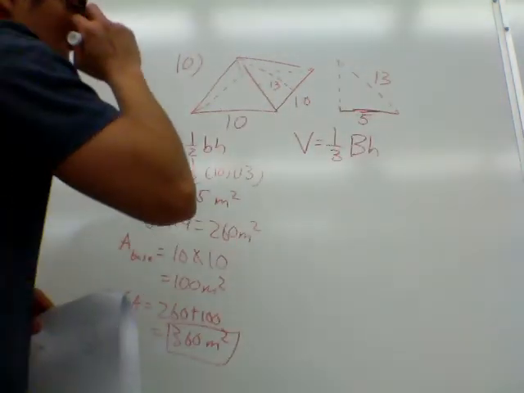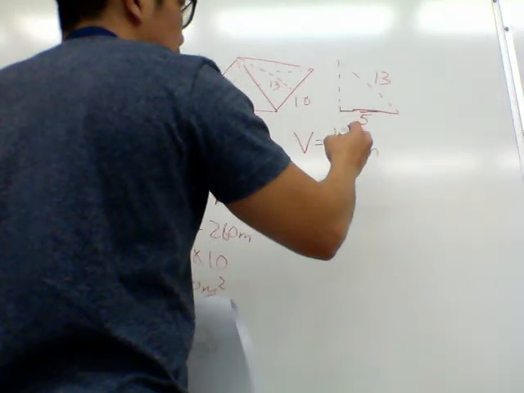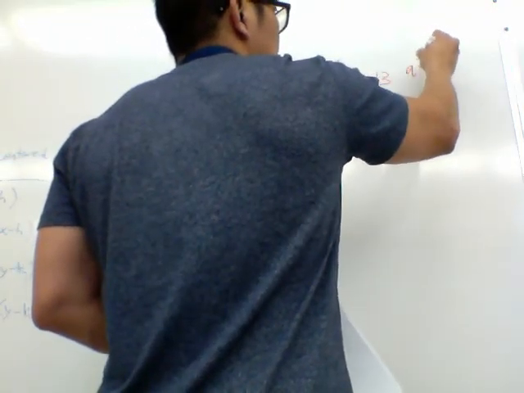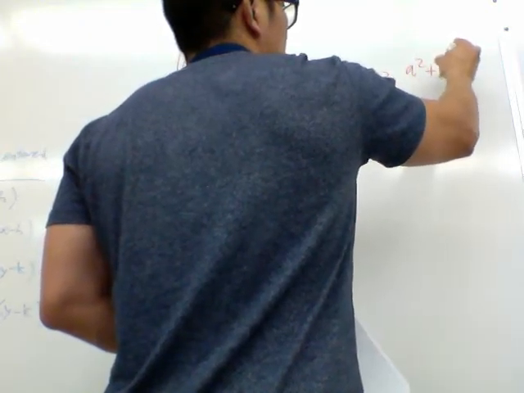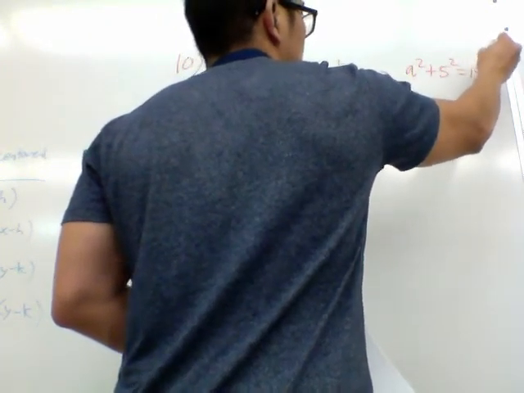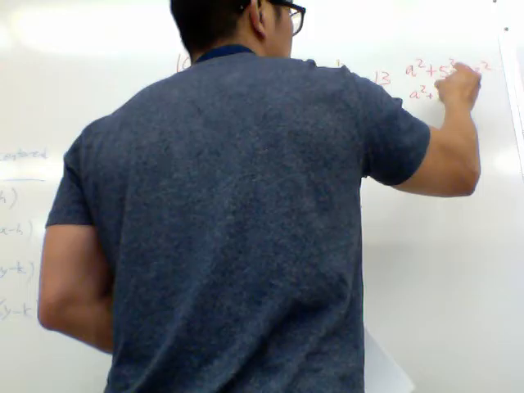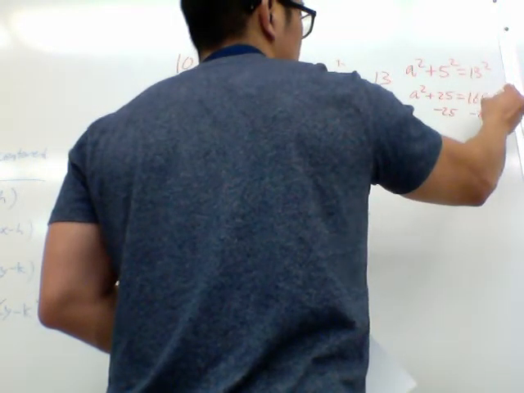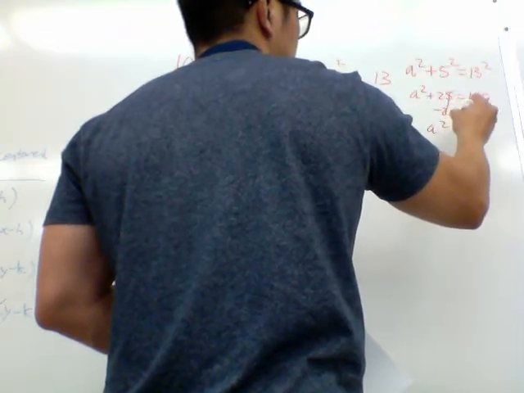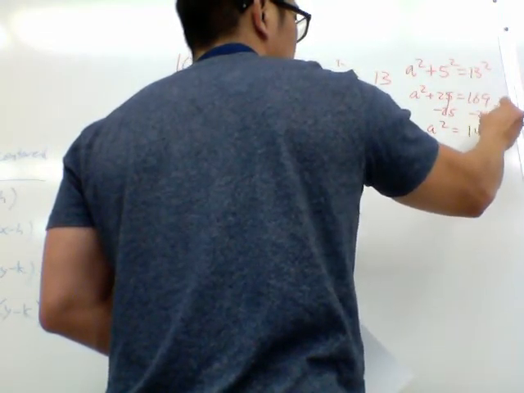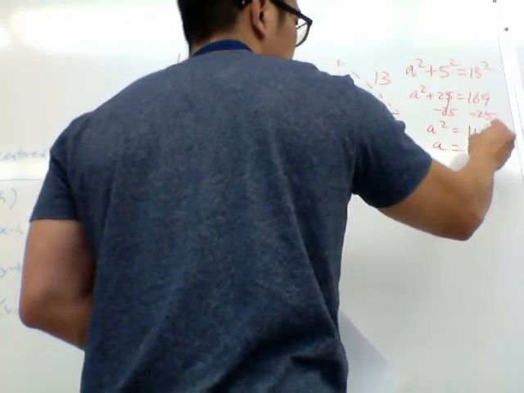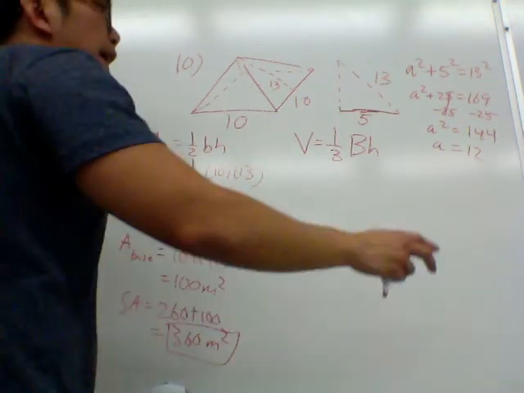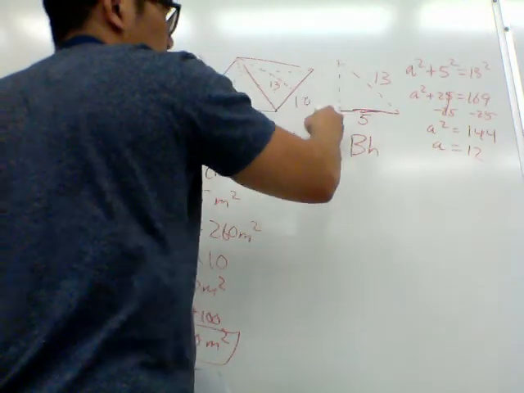So a squared plus 5 squared is equal to 13 squared. So I have a squared plus 25 is equal to 169. I subtract 25 from both sides, and you get a squared is equal to 144, and so a is equal to 12. Okay? So my height is 12.